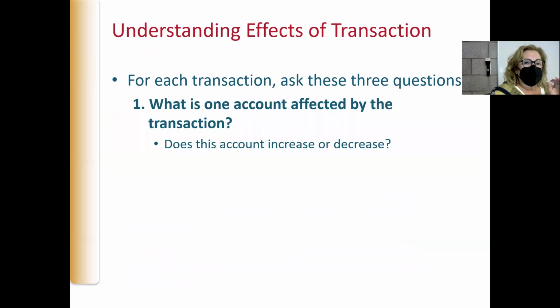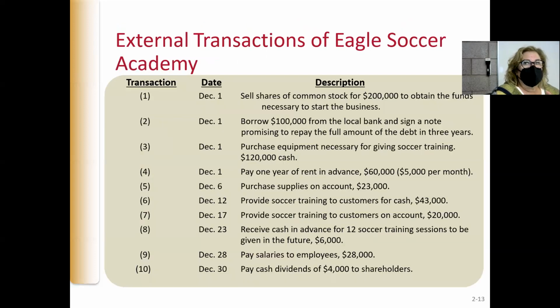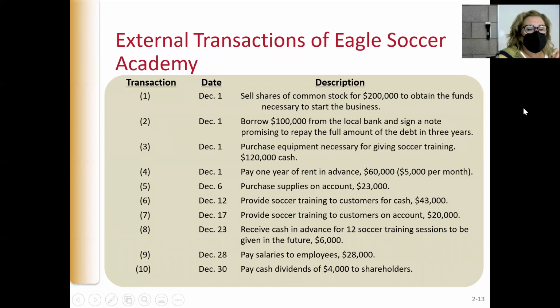So we're going to take a transaction and we're going to work with it. The first transaction we're going to take, good morning. The first transaction we're going to take on December 1st, we sold shares of common stock for $200,000 to obtain the funds necessary to start the business.